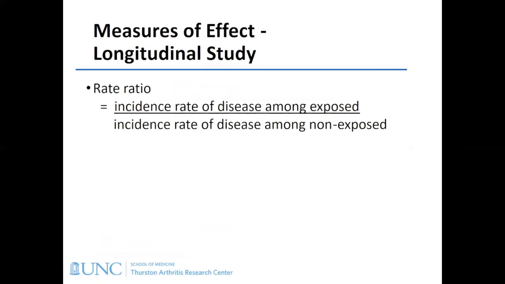I know, not the most exciting thing, but hopefully this will be helpful with interpreting your own results or reading other papers. So as I showed you earlier with looking at rates, this is where it becomes easier to interpret what we see with rates when we do it as a ratio.